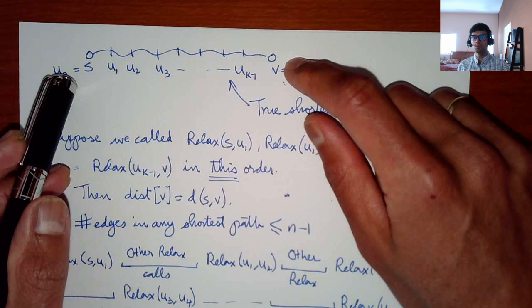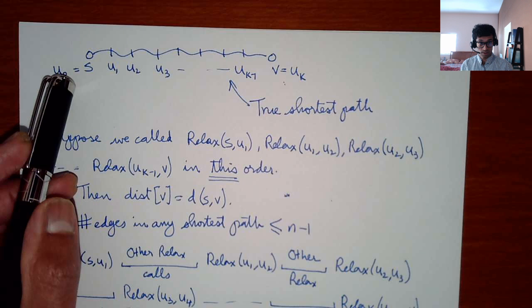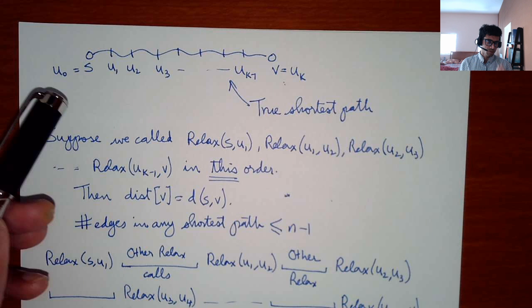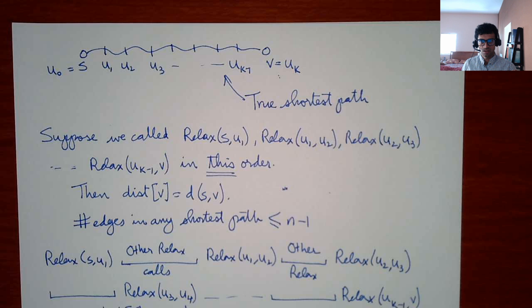So I'm assuming, suppose you knew what the shortest path was. I'm not giving an algorithm here. I'm giving an argument, a proof that Bellman-Ford is correct. So I'm doing a thought experiment. And my thought experiment says, suppose you knew what the shortest path is and you could call relax on all of those edges in that order, then you're guaranteed to find the shortest path distance.